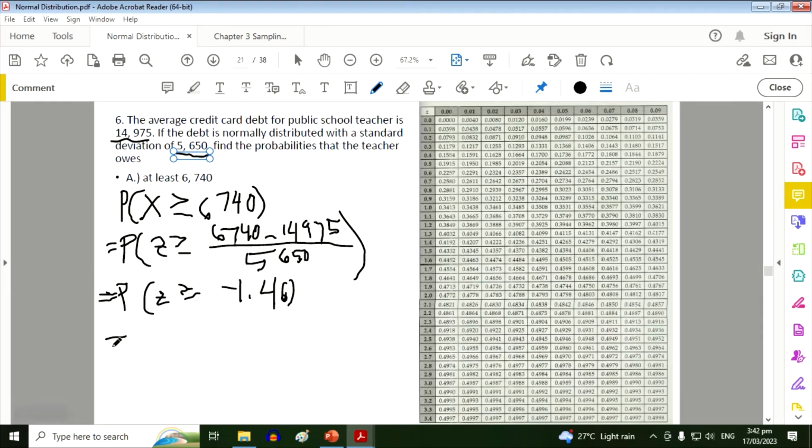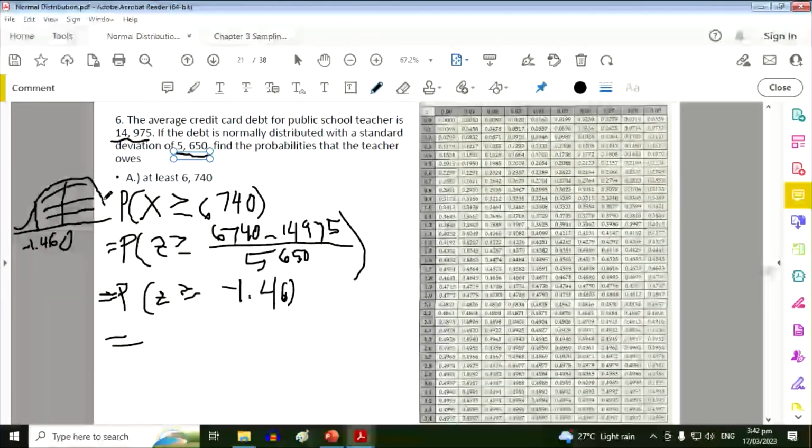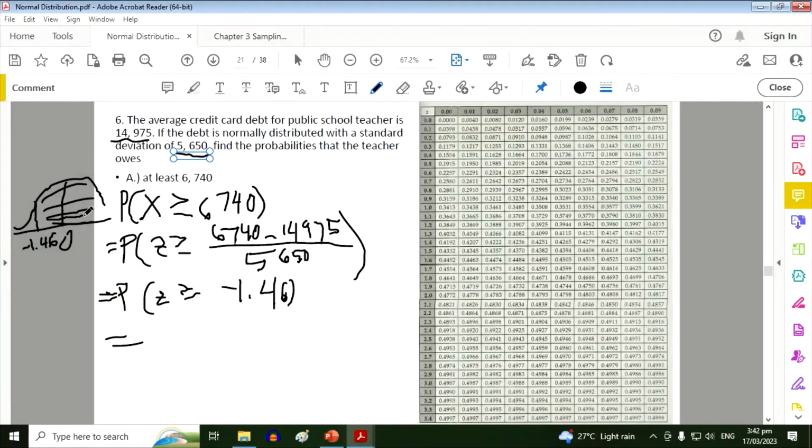Okay. So visually, when we draw this normal curve, we have 0. We have negative 1.46 on the left of 0. Our inequality symbol is greater than or equal, so it's to the right. If you notice, the whole right side of the normal curve is covered, so we have already 0.5. Then we will add this remaining area.